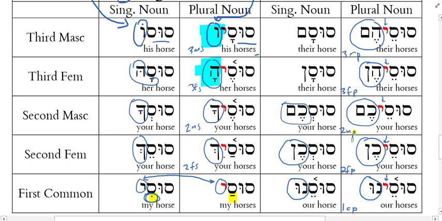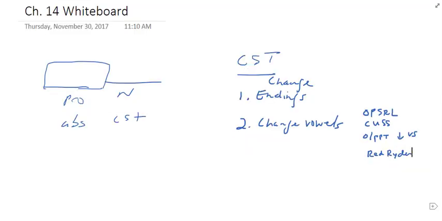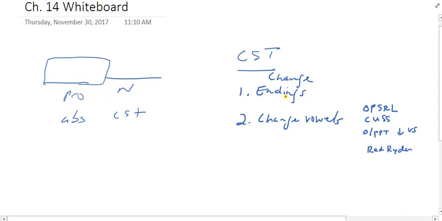So that's a situation where vowel changes can't happen because I'm dealing with a noun that has an unchangeable vowel. So these vowels change only if they're changeable vowels, okay? And the endings change only if they're the kinds of endings that change. And so that's what Ross 14.2 through 14.5 is dealing with, these possible changes.